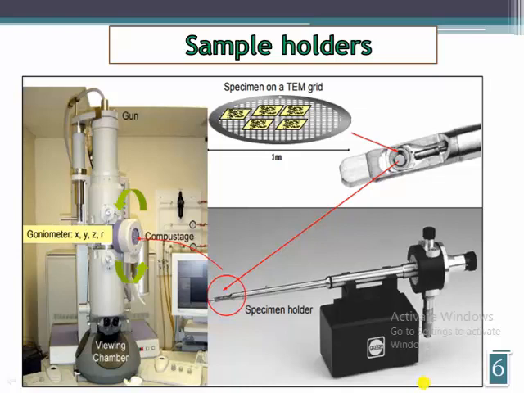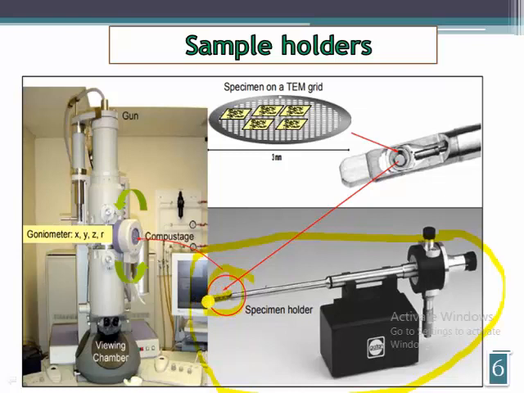So first there is a sample holder. The specimen must be very thin so that electrons can penetrate the specimen and form the image. Now see, this is the structure of a sample holder.